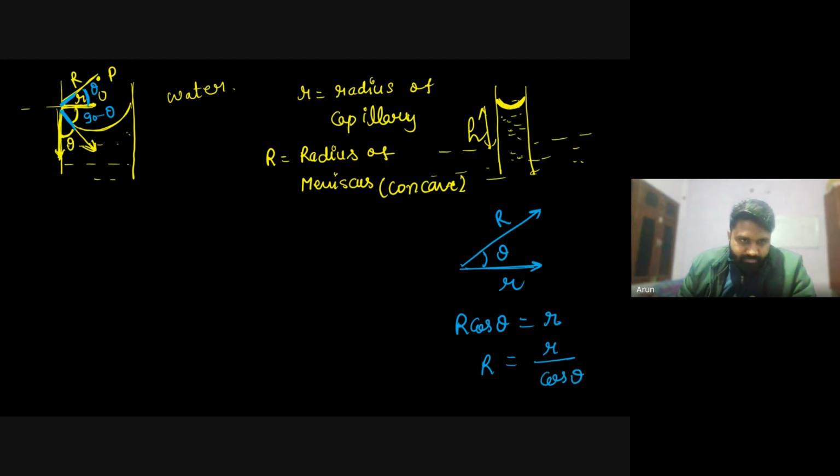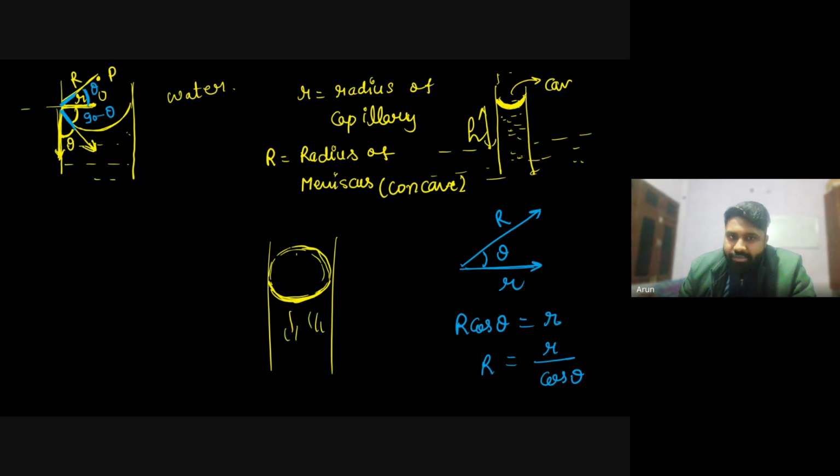Now, if you will see this, this is nothing but a cavity. If there is liquid on the upper side and there is no liquid here, if you make it a complete system, a complete sphere, it will look like an air bubble. Outside of it is liquid and inside is air.